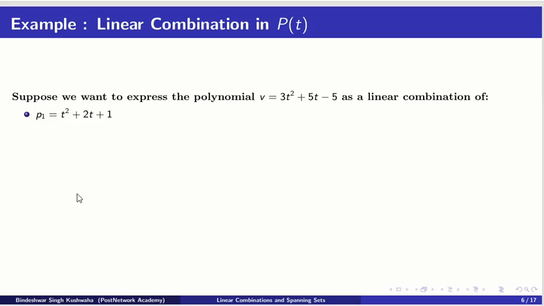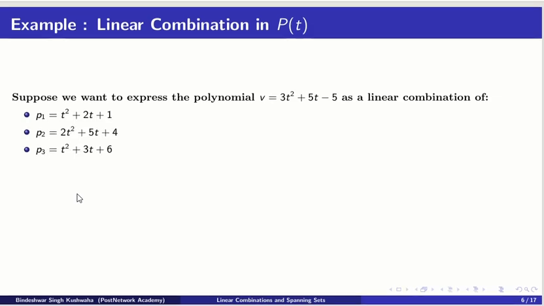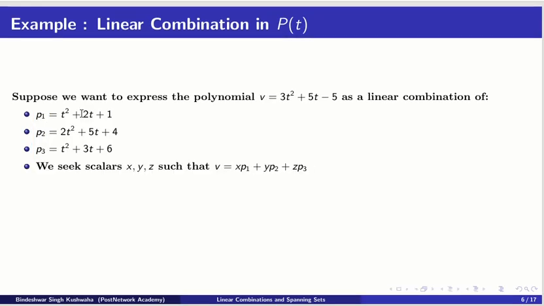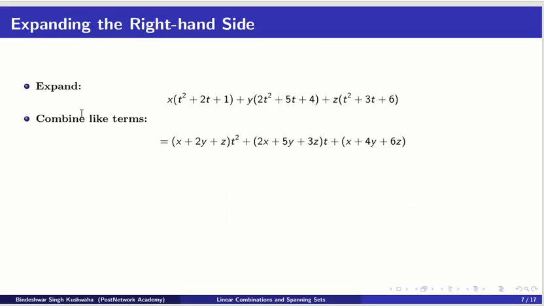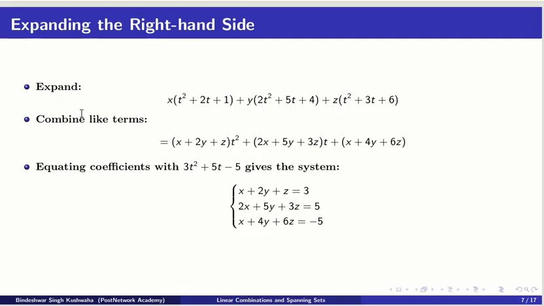Now we can also express polynomials in terms of other polynomials. Here we will express V in terms of p1, p2 and p3. The process is the same. We will find three equations here.